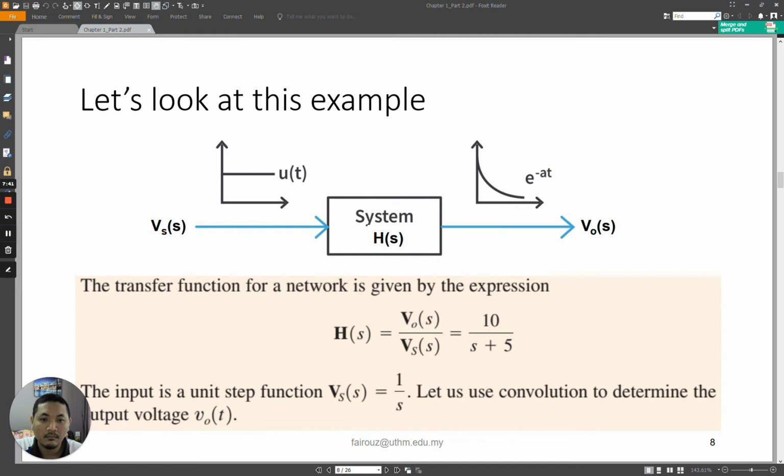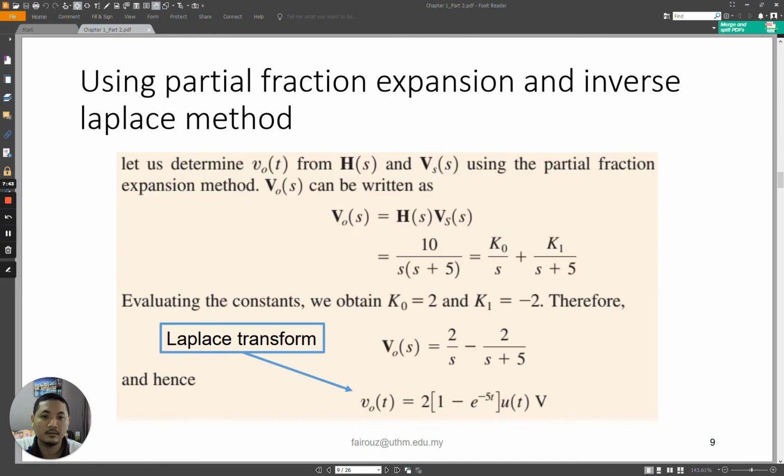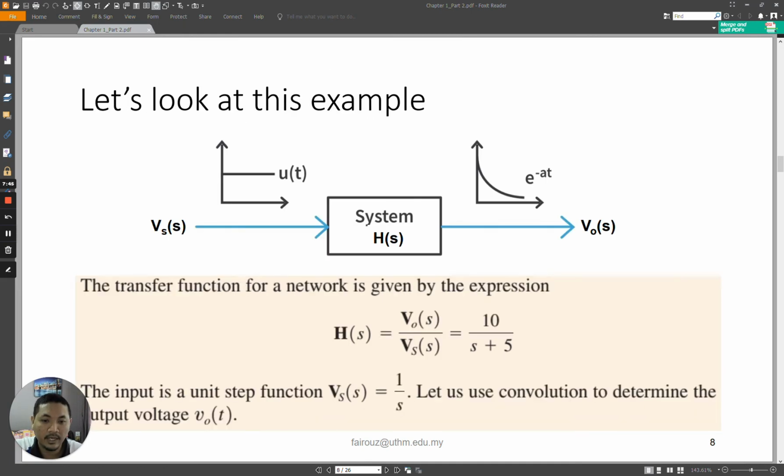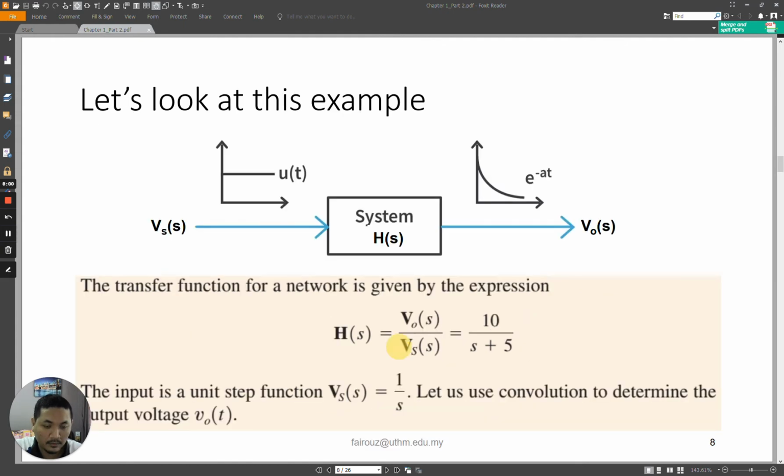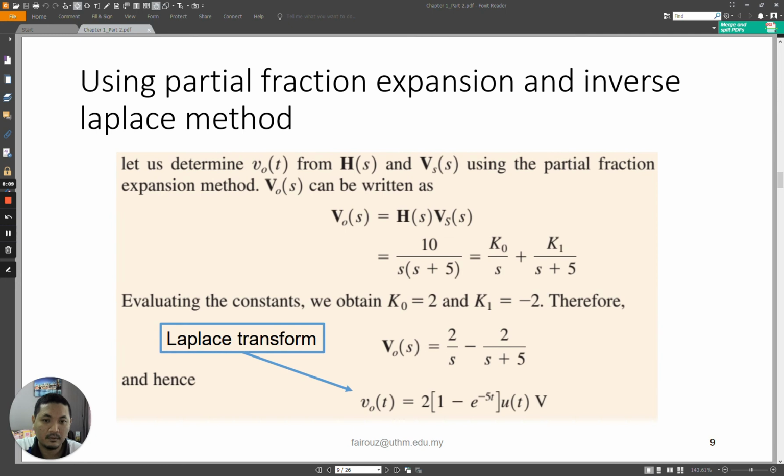So the first step is, we know H(s) is equal to V out over Vs. Now we need to find V out. How to get V out? We have to move Vs up to here. So V out equals H(s) times Vs.